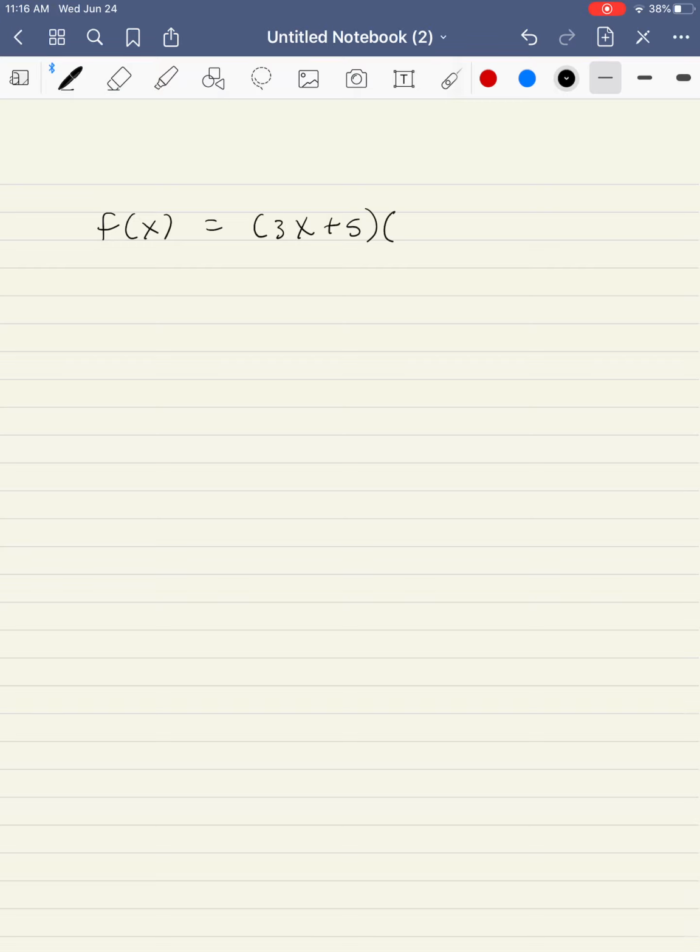Let's backtrack a minute. Let's think about if we have a function (3x + 5)(2x - 7). I'd like you to actually FOIL this out and find out what this function looks like. So pause the video, FOIL this, and write what the function is.